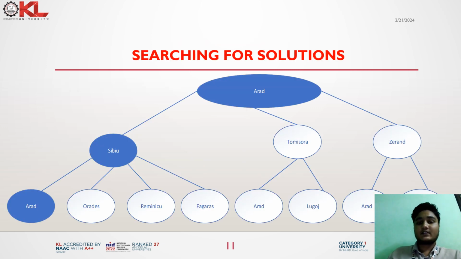Here we can see searching for the solution to an optimization problem is called the hill climbing algorithm. How does hill climbing work? Initial state: the algorithm begins with an initial solution, often randomly generated, to the given problem. With the neighborhood, it evaluates neighboring solutions by making small incremental changes to the current solution.